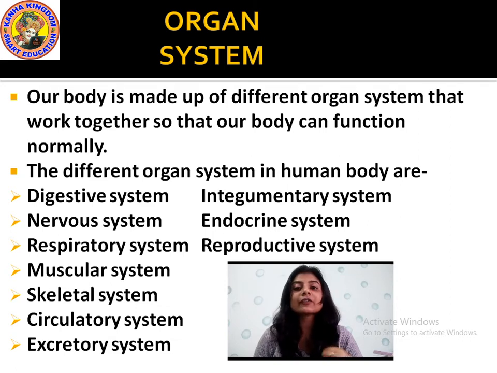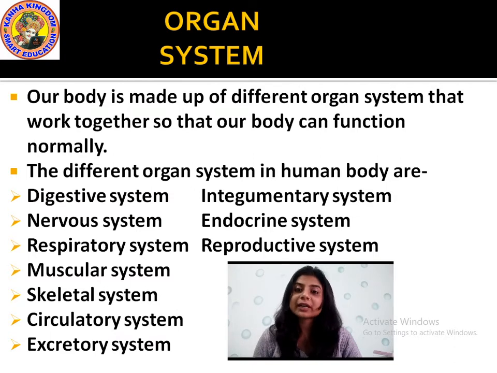The functions performed in our body by these endocrine organs are controlled by this endocrine system. Then comes the reproductive system in the human body, through which human beings can reproduce.